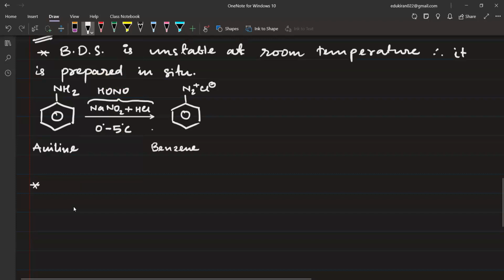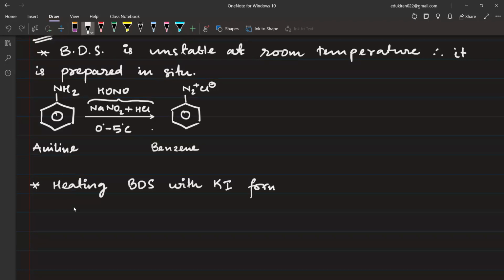Right, next point. Heating benzene diazonium chloride or benzene diazonium salt with KI forms iodobenzene.